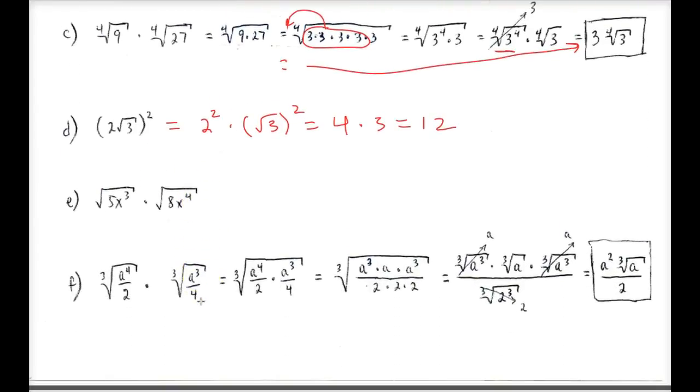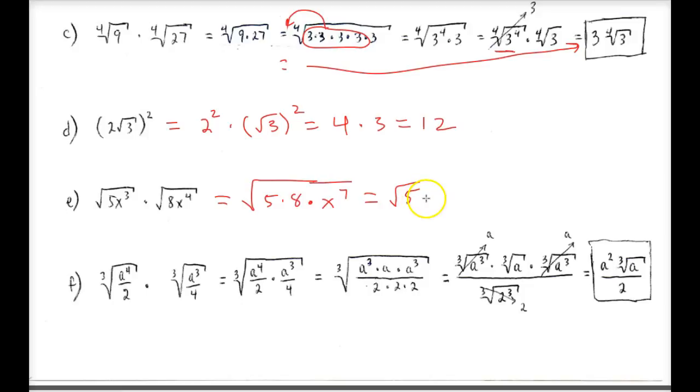If we move on here to example E, we'll see that since both of these are under the square root, we can multiply all of this together. So we have the square root of, and I'll just keep this as 5 times 8 times x to the 7th. I'll just do it like that. We see here that we have the square root of 5.